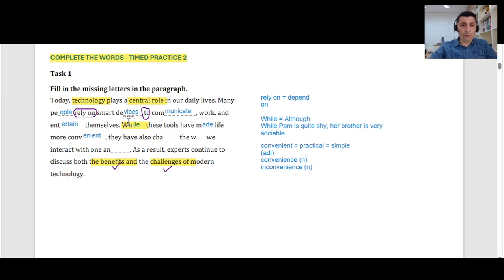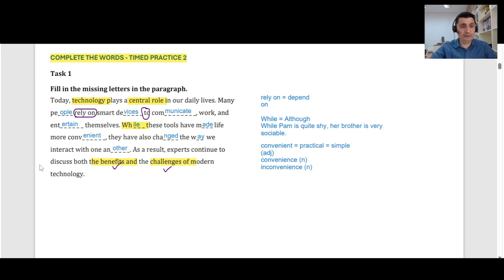So while these tools have made life more convenient, more practical, they have also changed the way we interact with one another.